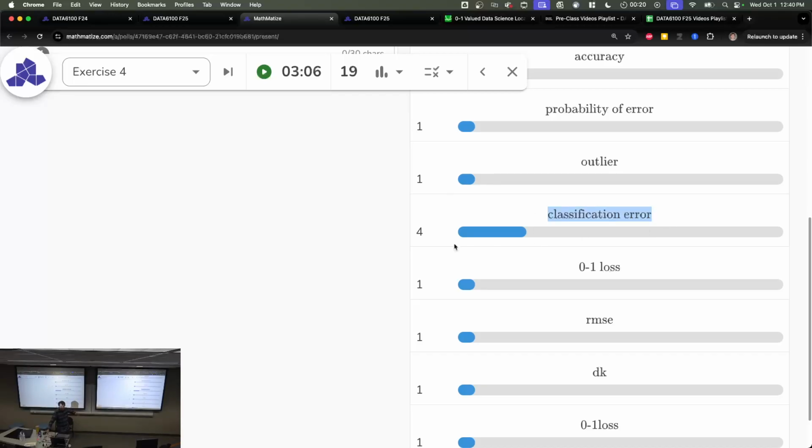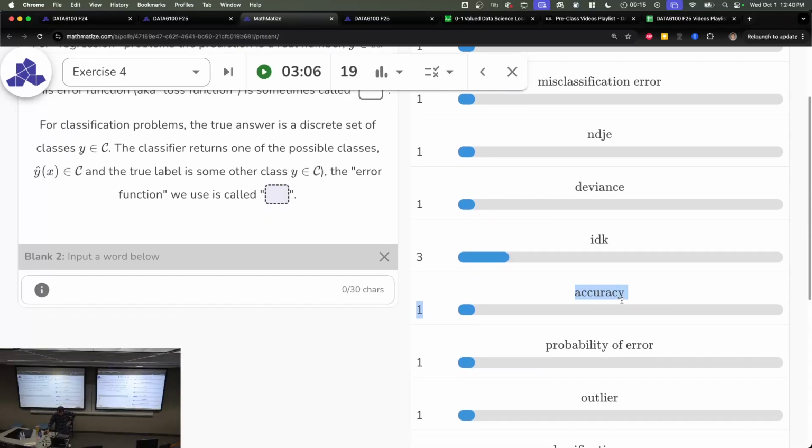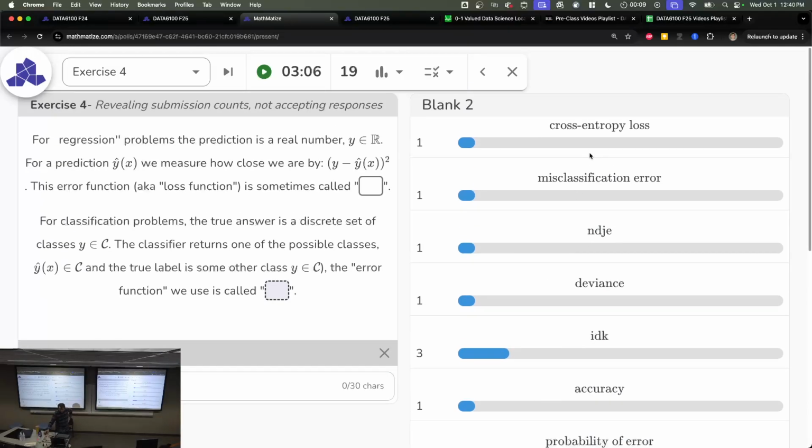Yes, the thing we're talking about is the classification error. Well, what is it? Maybe accuracy is the best one I've seen so far. There's one, 0-1 loss. Yeah, 0-1 loss is also a nice way to say it. Very often people think it's the cross entropy loss, and I'll talk about this one in a second. So it is not the cross entropy loss, it is the accuracy.